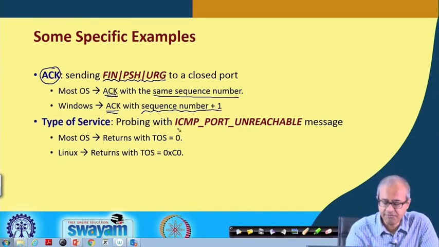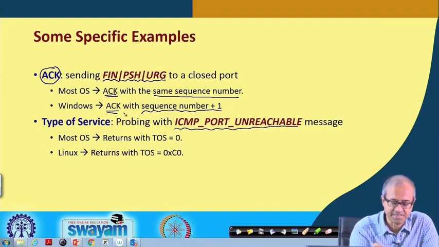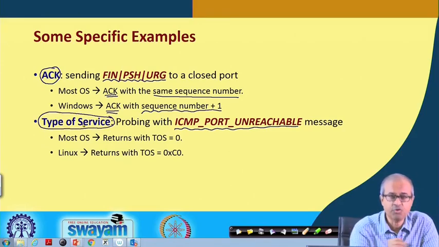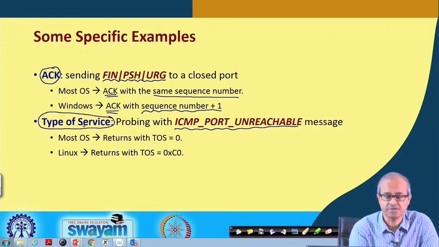Similarly, if you are probing with an ICMP port unreachable message and you get back a response, you look at the type of service. For most operating systems, the type of service will be returned as 0, but if it is Linux, the type of service is returned as the hexadecimal code C0. C means in binary 1100, and this is 0.